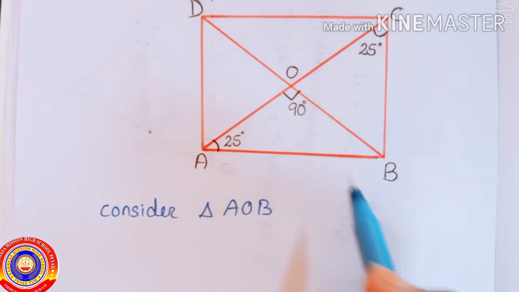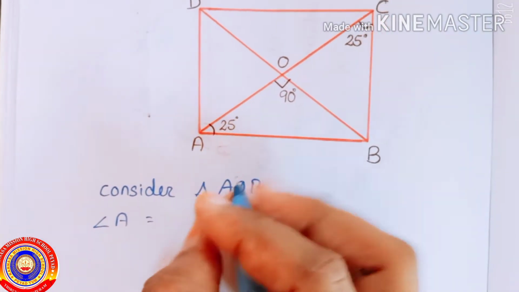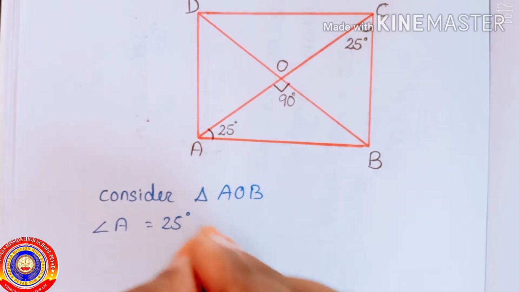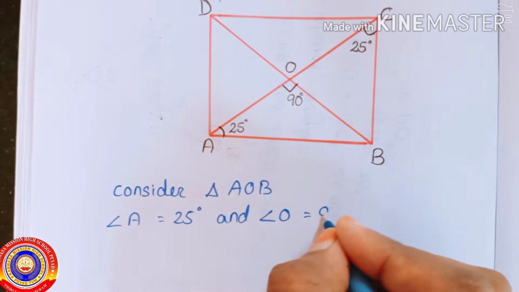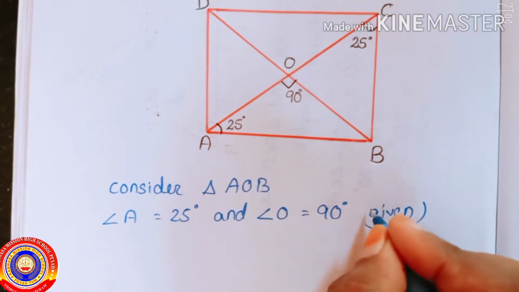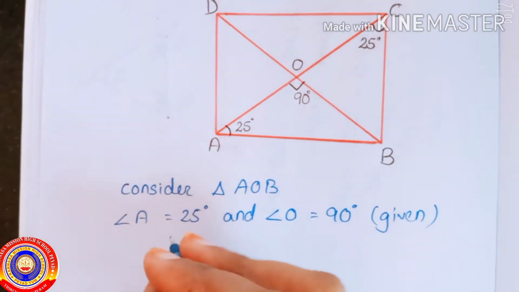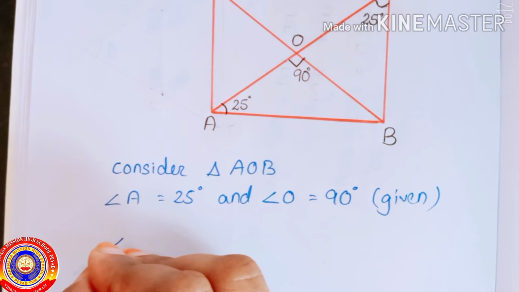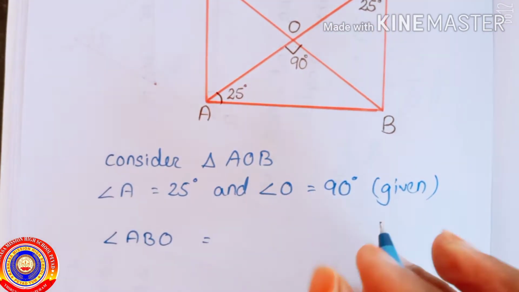First, consider the triangle AOB. Here, angle A is equal to 25 degrees and angle O is equal to 90 degrees, which is given in the question. Now we have to find the third angle, that is angle B. We have already learned that the sum of the angles of a triangle is 180 degrees.